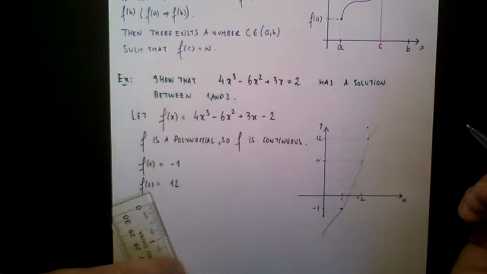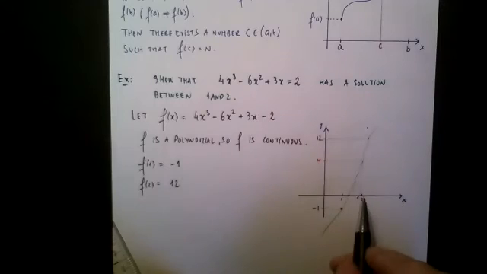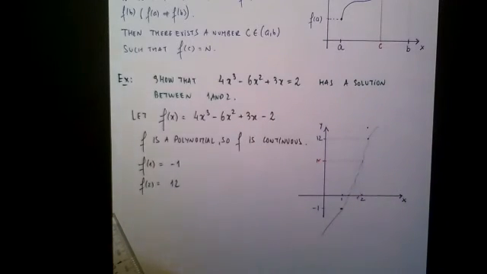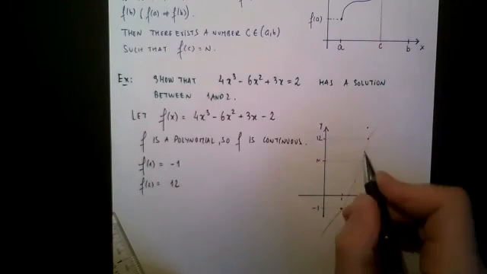Good? You get it? I'm sorry? By source, you mean x, right? Just to be sure. Exactly. And the source is between 1 and 2. So f of 1 is -1, f of 2 is 12.